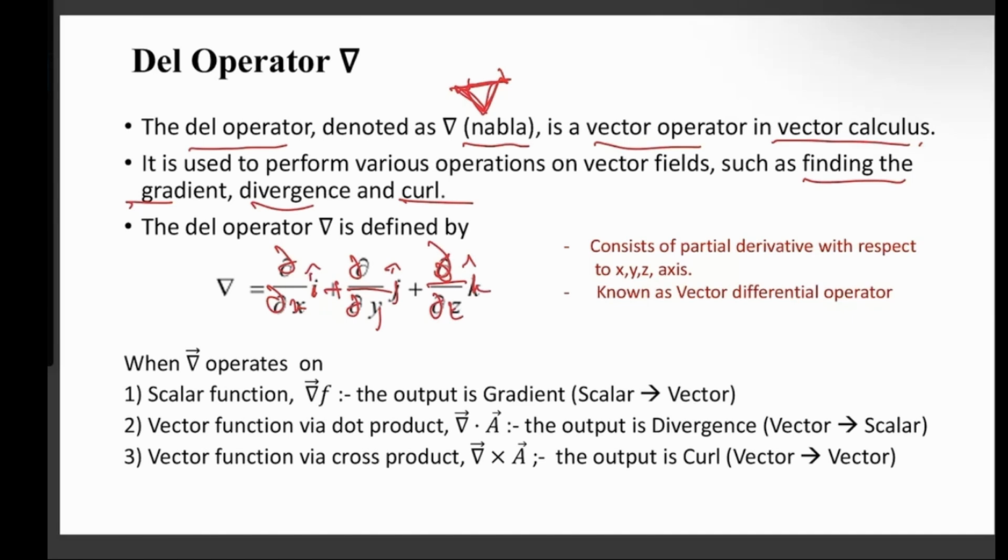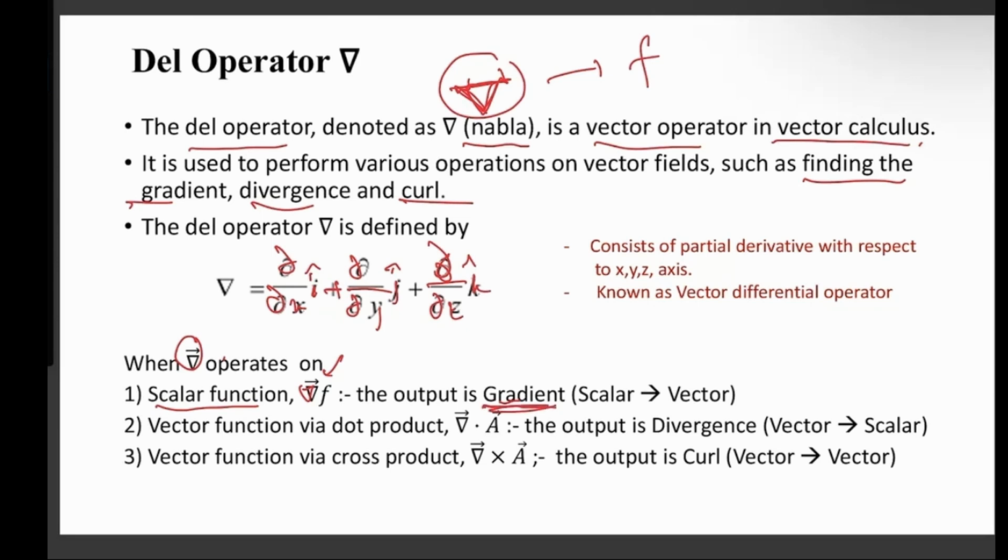If we have x, y, z, you can replace i, j, k with the x, y, z axes. When del operates on a scalar function f, the output is a gradient.